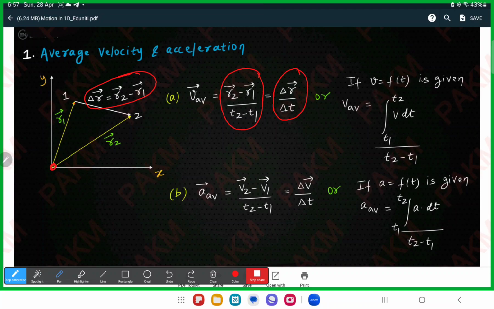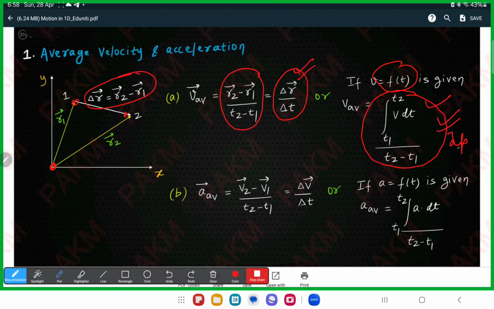Here, if v is given as a function of time, we will use average velocity as the integral. This formula is important. When discrete values are given, use the difference formula. When a continuous function is given, you will use integration of v dt upon t2 minus t1.